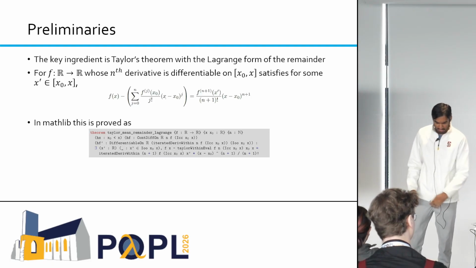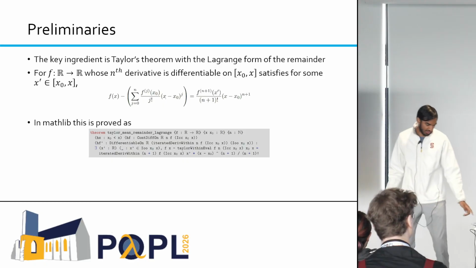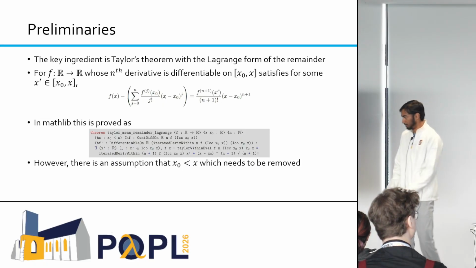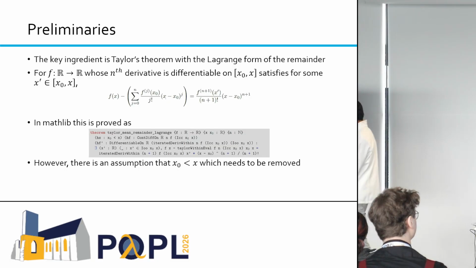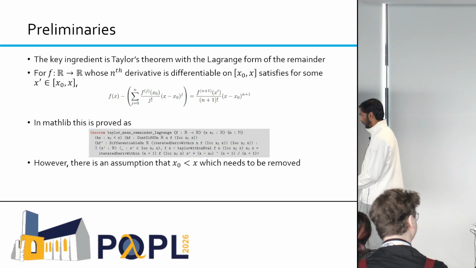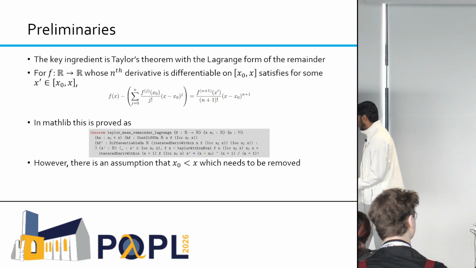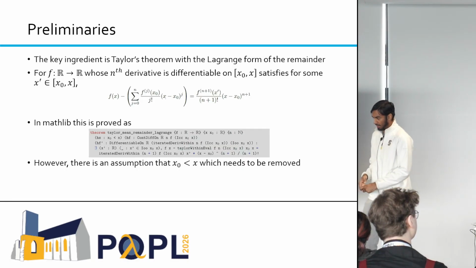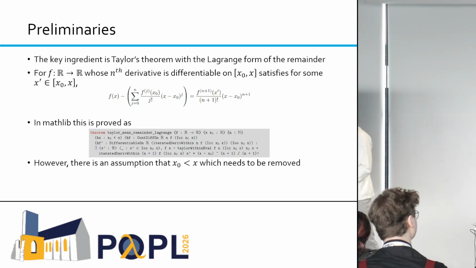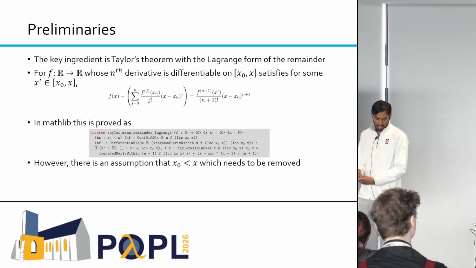This is in Mathlib, but there's a caveat: it has the extra assumption that x is greater than x0, and in half of our rules we need x to be less than the starting point. In particular, for Maclaurin expansions, you need x to be less than 0. So first we needed to extend this rule to remove this assumption, for x being less than x0.